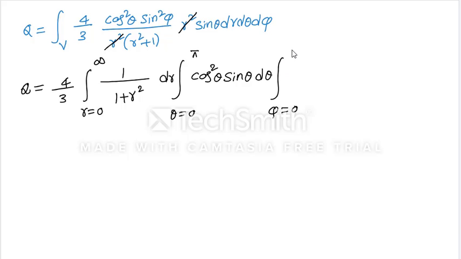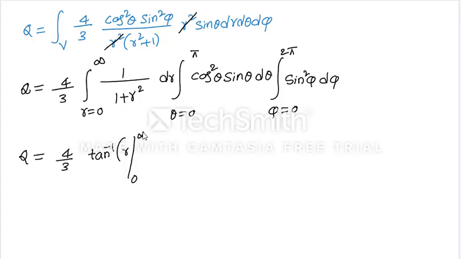Phi limits are 0 to 2 pi, and this is sin square phi into d phi. Isn't it? Now do simplify this thing here. So this is 4 by 3 into, this integration is tan inverse of r, limits 0 to infinity.